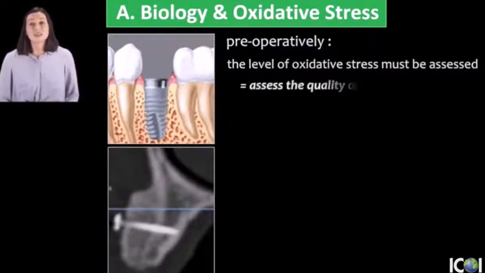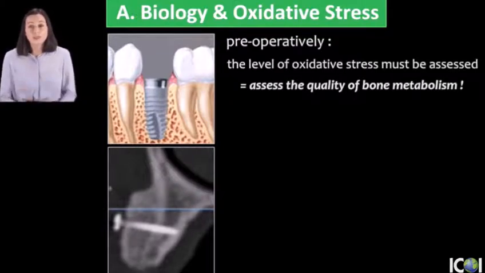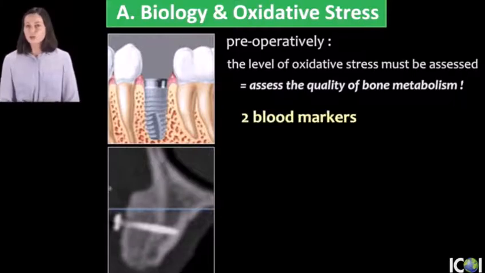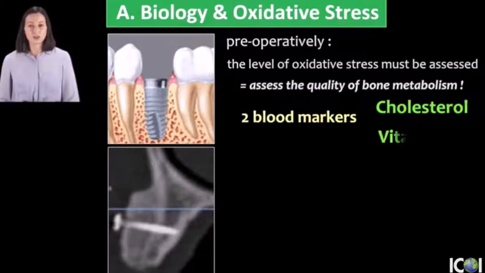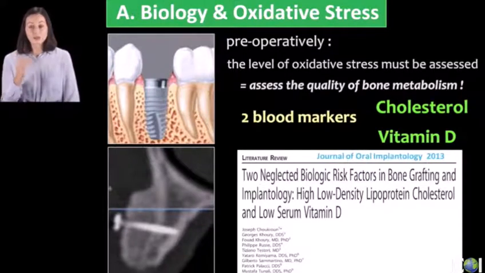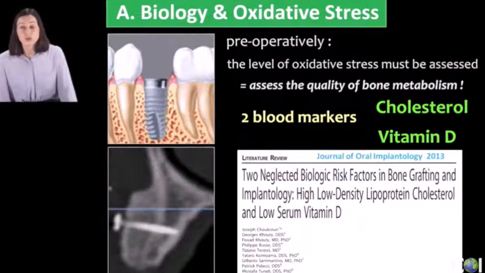We have to assess exactly the quality of our patient's bone metabolism. And we have two blood markers to assess this, the cholesterol and the vitamin D. And actually, this is the first article published in the dental field on those two neglected blood markers, the cholesterol and the vitamin D. It was back in 2013.